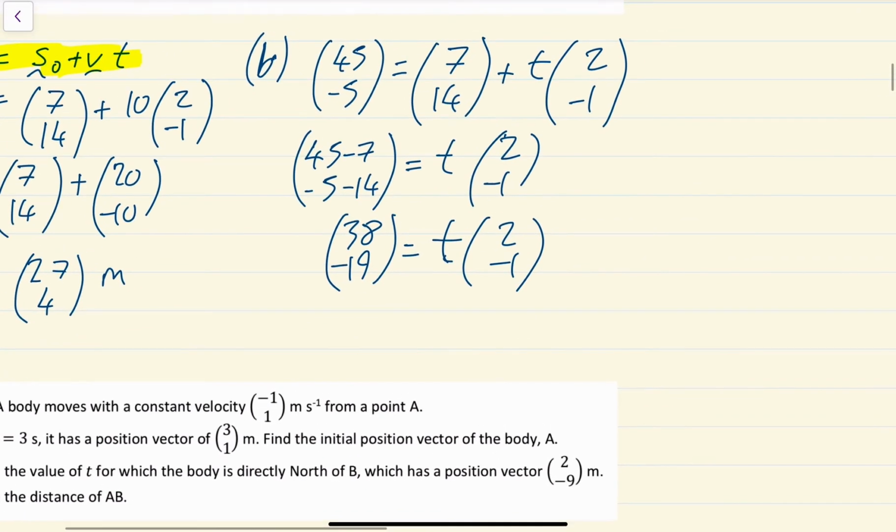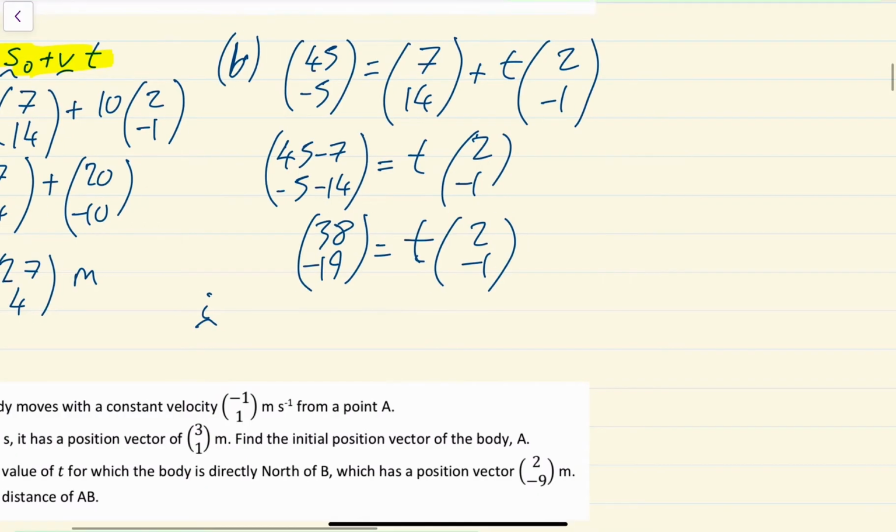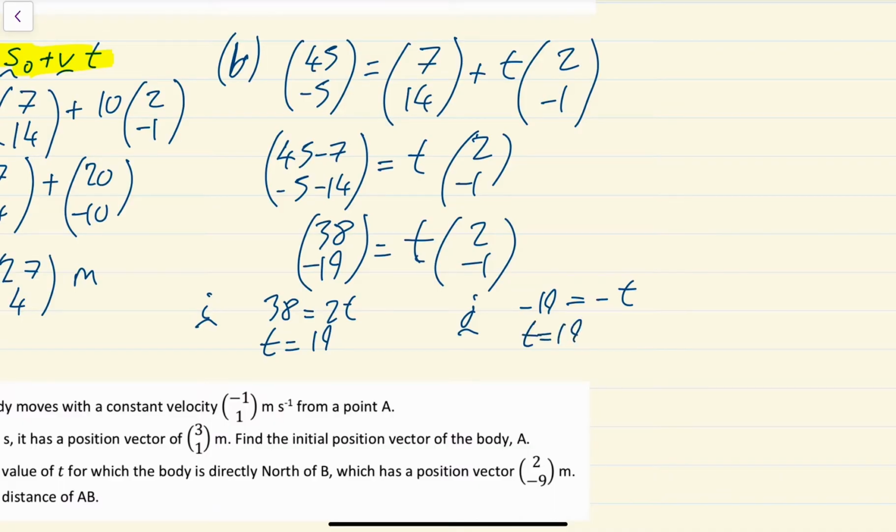And then we'll look at the i's. So 38 is equal to 2t, which means t is equal to 38 divided by 2, t equals 19. Then we'll look at the j's. You'll have minus 19 is equal to minus t, which means t is equal to 19.